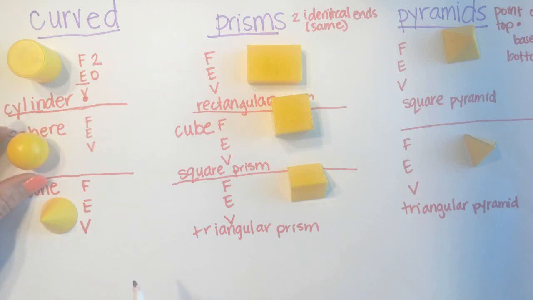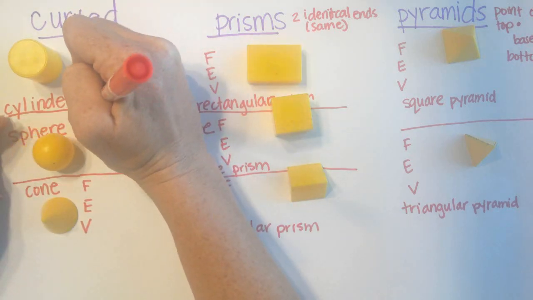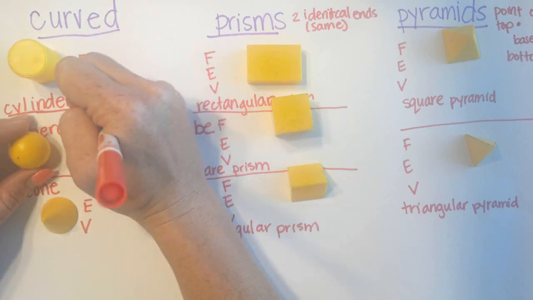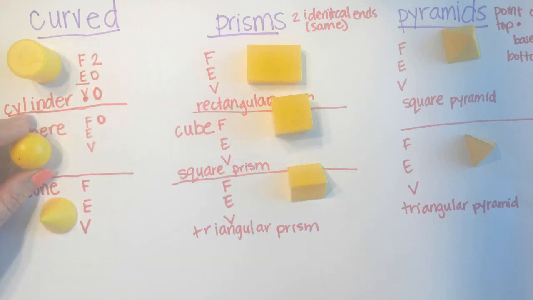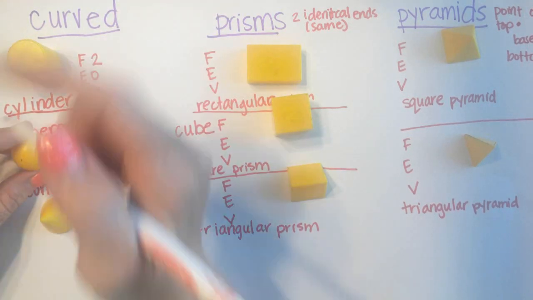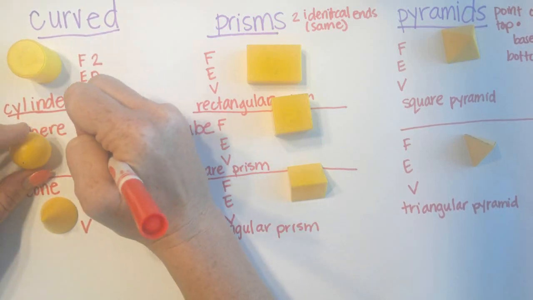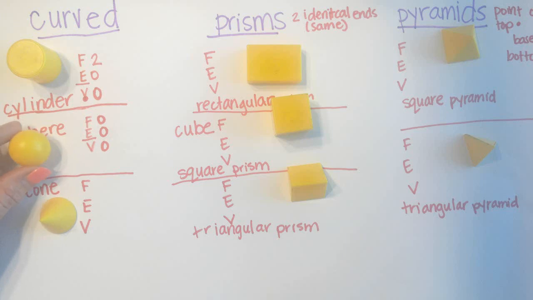And so vertices are where the edges meet. If there's no edges, there's no vertices. Okay? Again, with the sphere, there's no flat parts on the sphere, no faces. And then the edges, no straight lines, and no vertices. So the sphere is completely round like a ball.